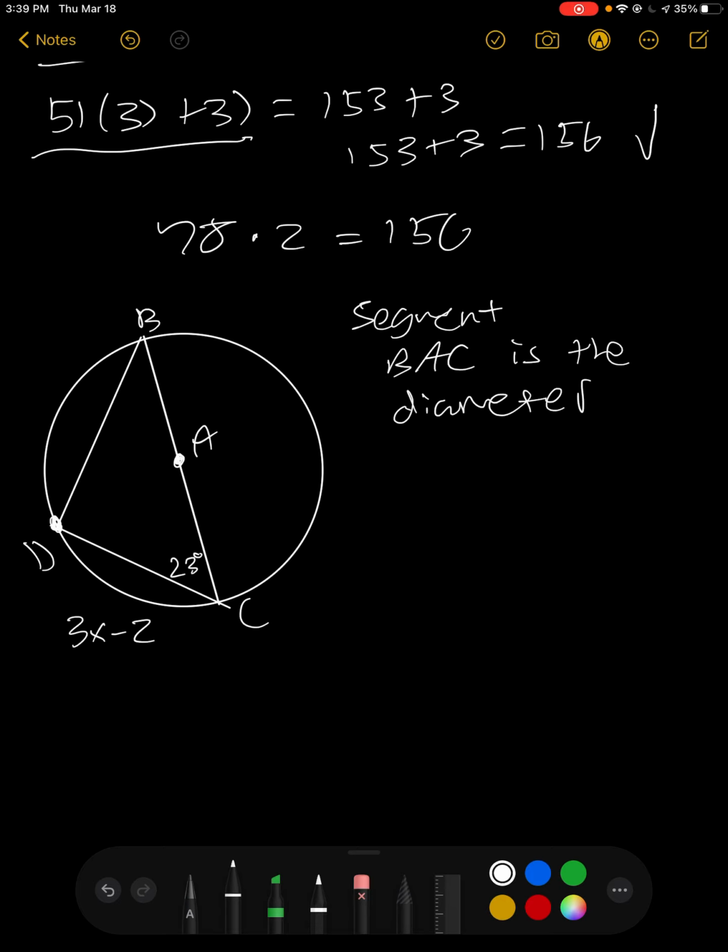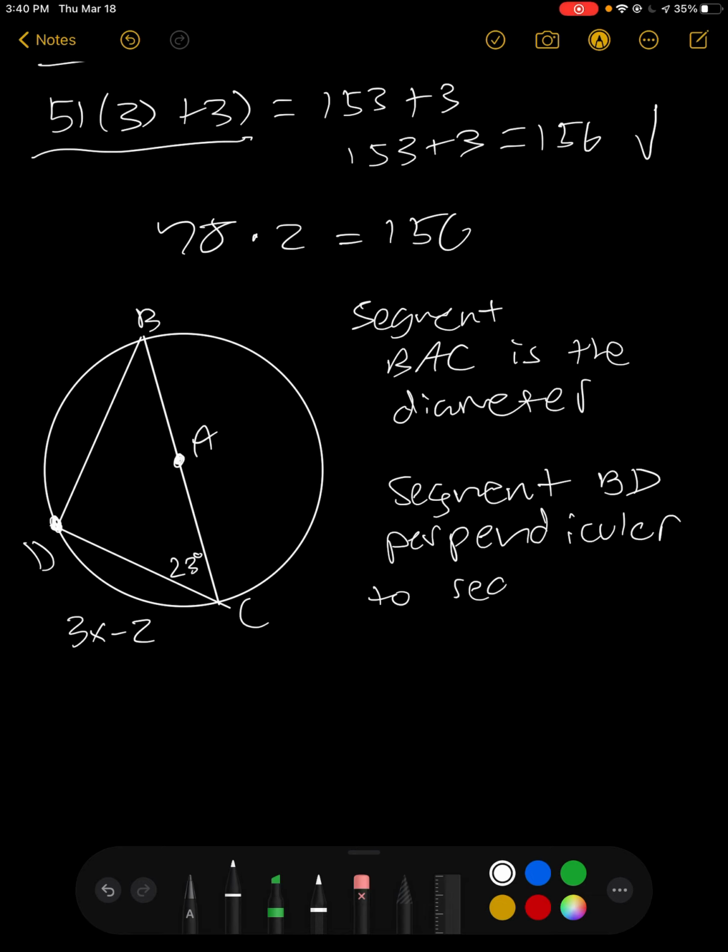And what that means is that when we have two chords here, we know that segment BD is perpendicular to segment DC. Just because whenever we have the diameter and we have two chords come from the endpoints and meet on that same semicircle, at point D, we know that this is going to give us a right angle.